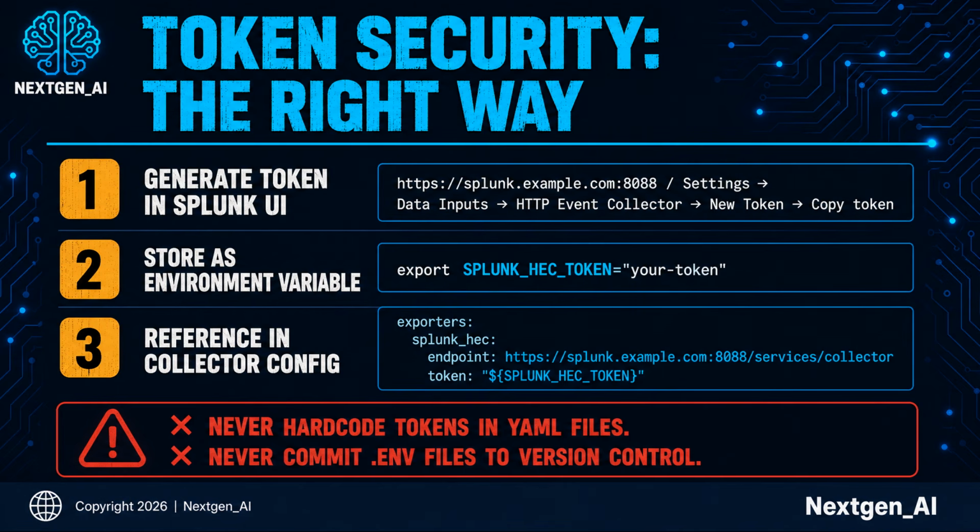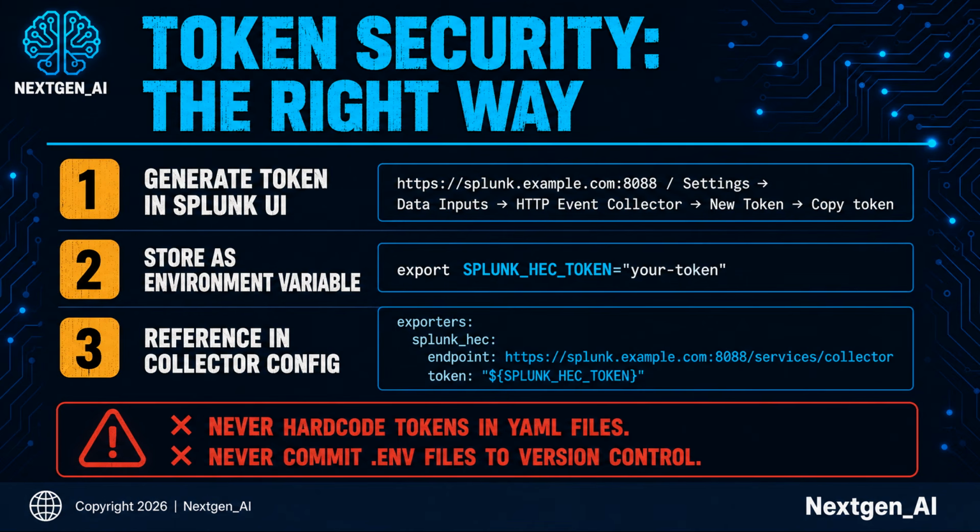If a malicious actor gains access to your HEC token, they can flood your Splunk indexes with garbage data, driving up your ingestion costs and blinding your operational dashboards. Therefore, you must never hard-code the HEC token directly into your collector's YAML configuration file. Doing so would expose the token in your version control system, a critical security failure.